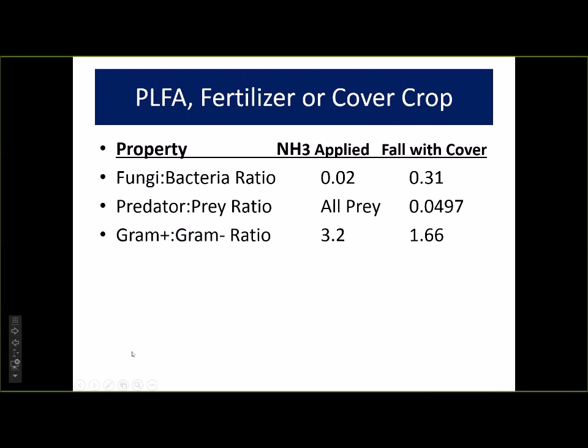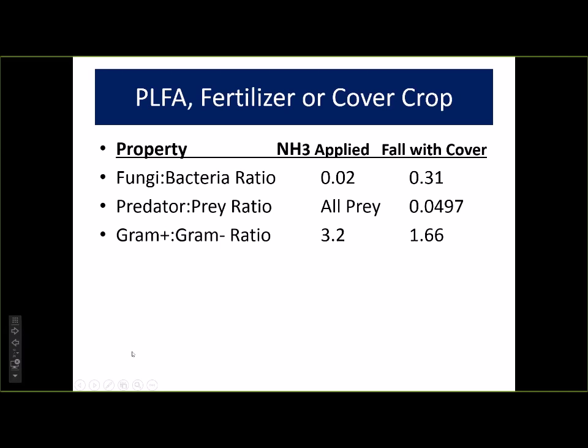So then in the rest of that, the fungi-bacteria ratio is 0.02, which is very bad, to a good level here of 0.31. And the reason we look at that, the fungi are important for making those glues and the hyphae that kind of hold the sand, silt, and clay particles together to make the water-stable aggregates.